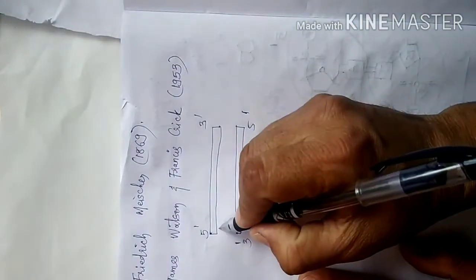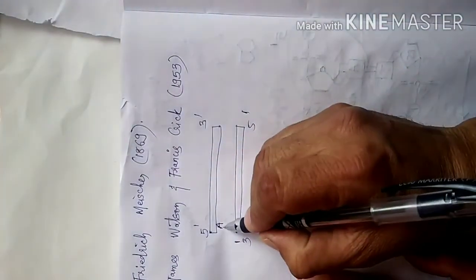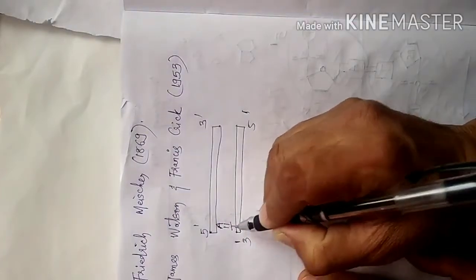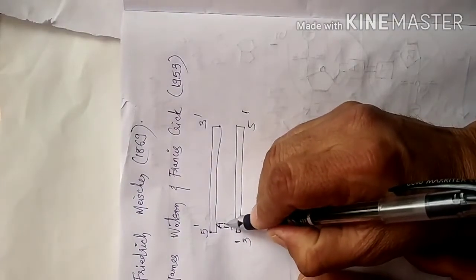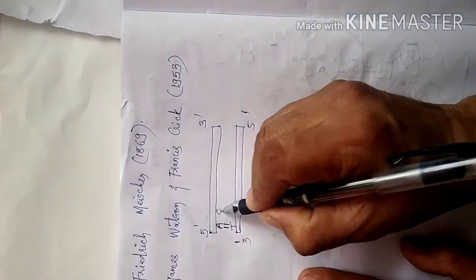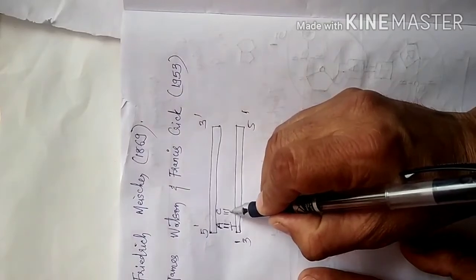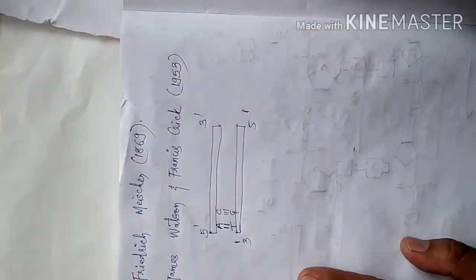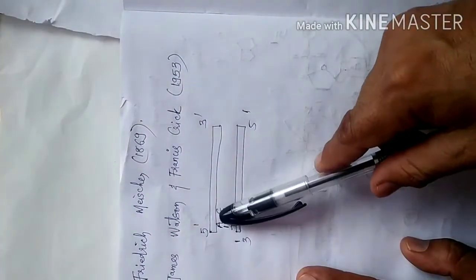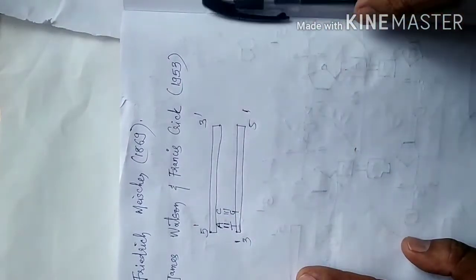Like if there is adenine on one side of the DNA, the other side should have thymine, and there should be double bonds between adenine and thymine. If there is cytosine on one side, then there should be guanine on the other side. So in other words, A always bonds with T and G always bonds with C.